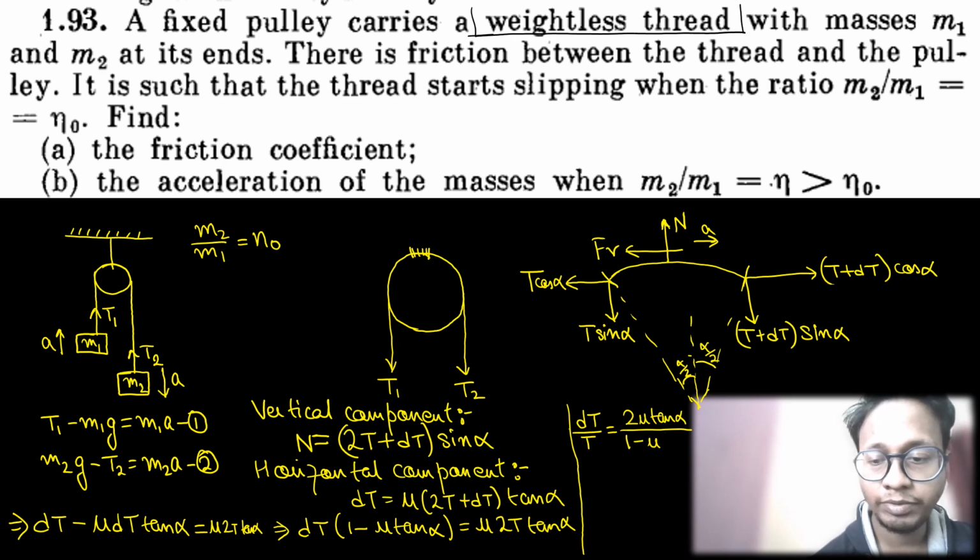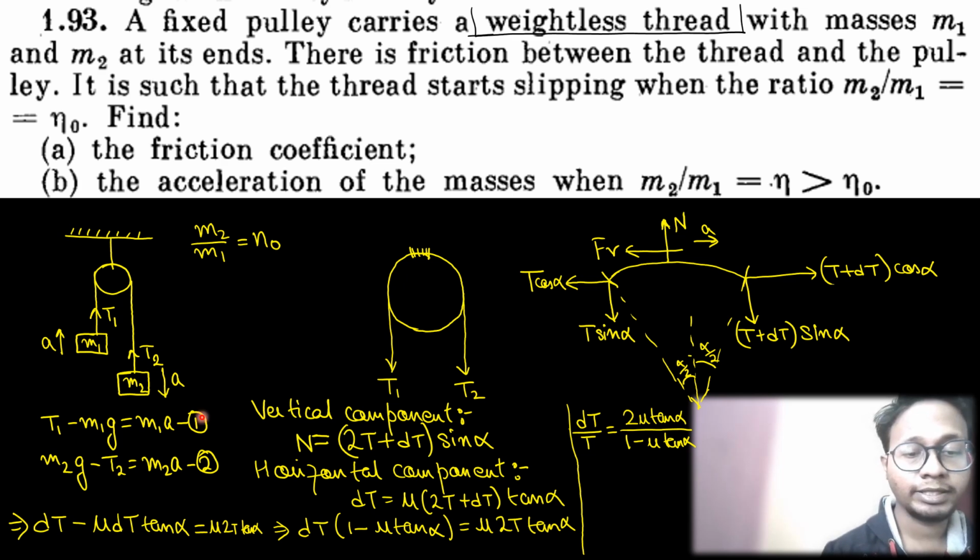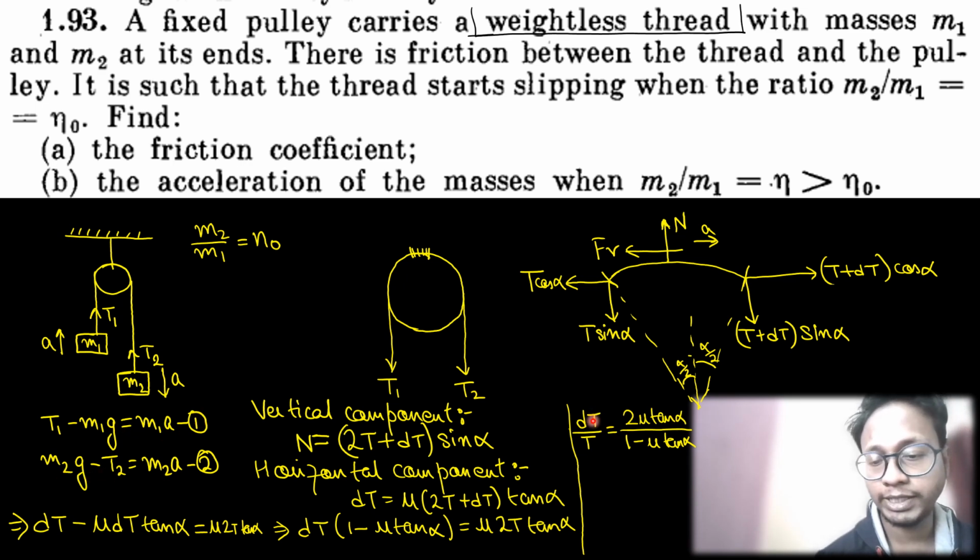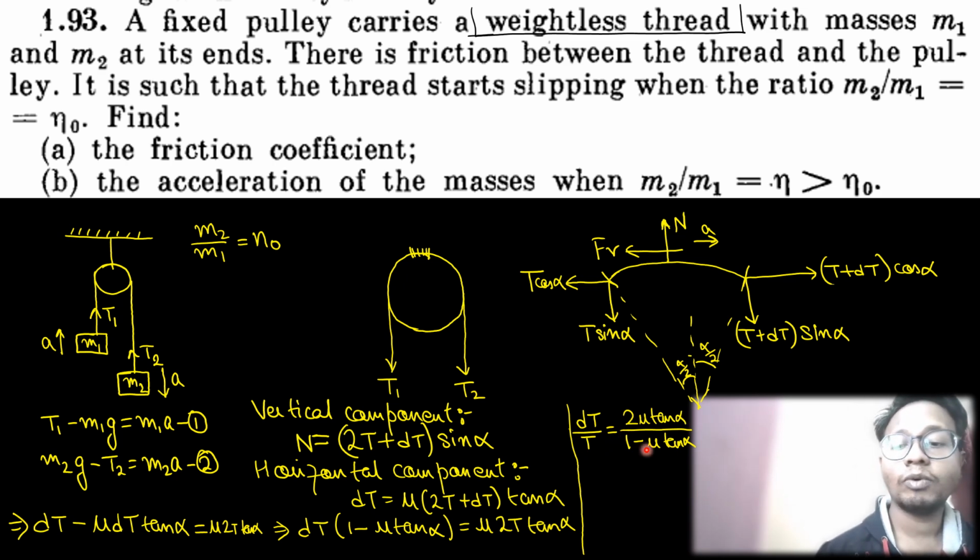Now I got three equations. The first equation is T minus m1g is equal to m1a, the second is m2g minus T2 is equal to m2a, and the third is dT by T is equal to 2 mu tan alpha by (1 minus mu tan alpha). What is the question asking? The question is asking to find the value of mu. So let's write this equation on the next page.